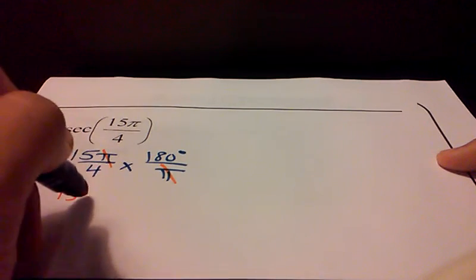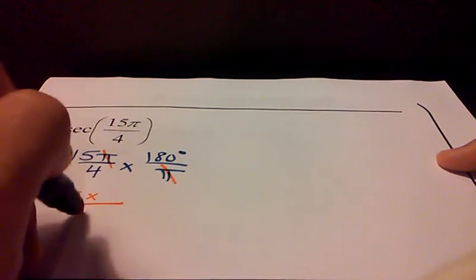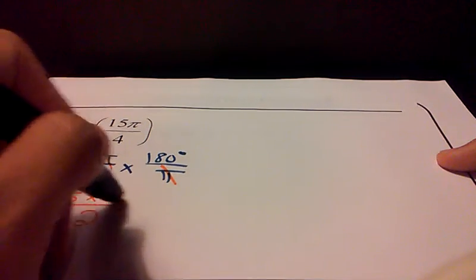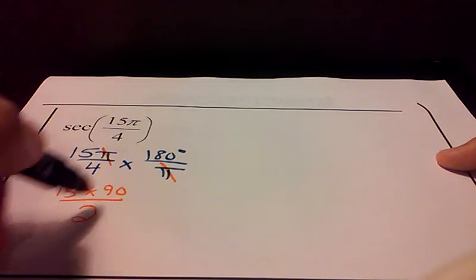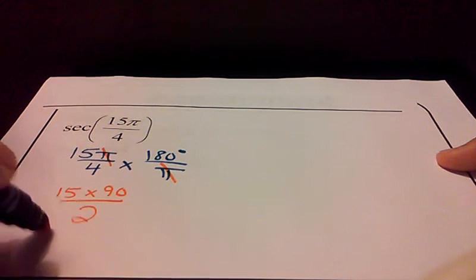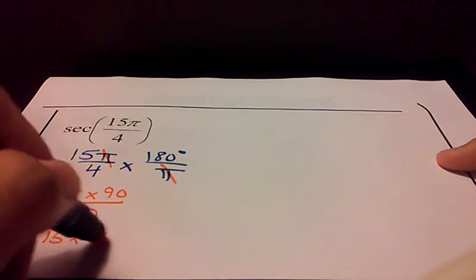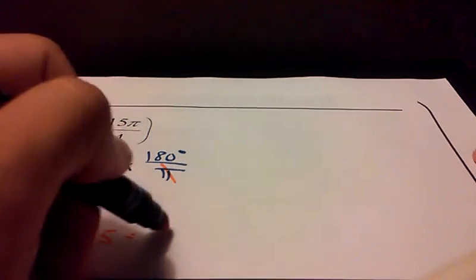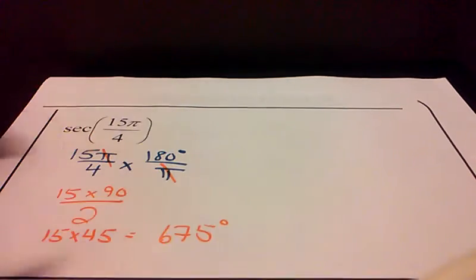So this is going to be 15 times, reduce that by 2. 4 divided by 2 is 2. 180 divided by 2 is 90. And 2 goes into 90 45 times. So that's 15 times 45. I'll use my calculator, and that would be 675 degrees.